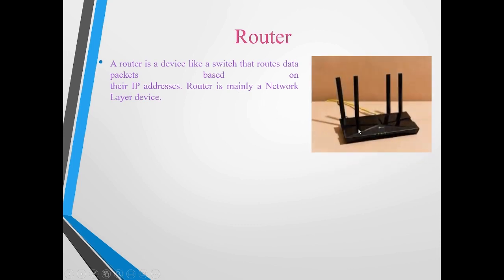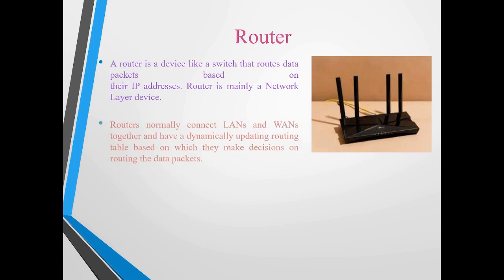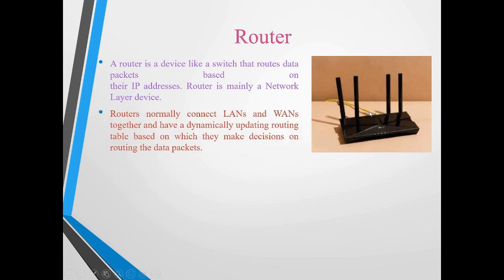It looks like this. Basically, we just use it at our home. Nowadays, a router is used to take the connection from the different ISPs, means the different internet service providers, right? We could say that the router works on the network layer and it uses the IP addresses, and takes the connection from one of the internet service providers, right?